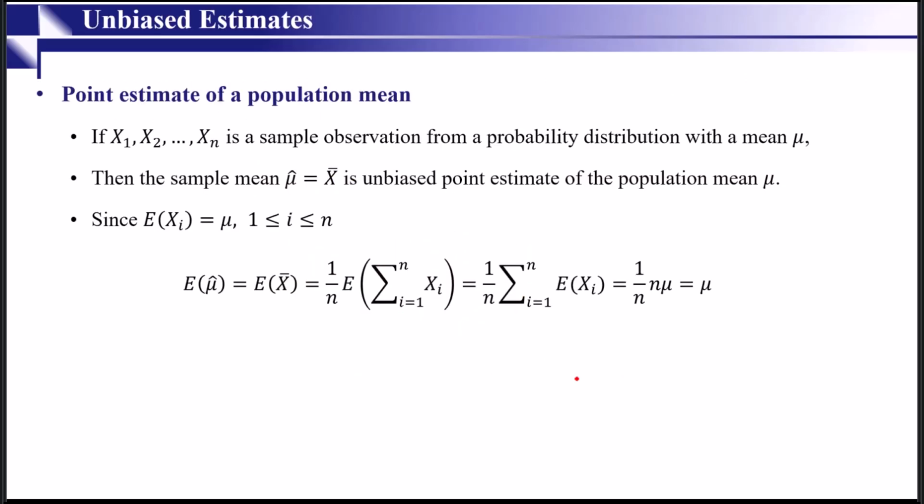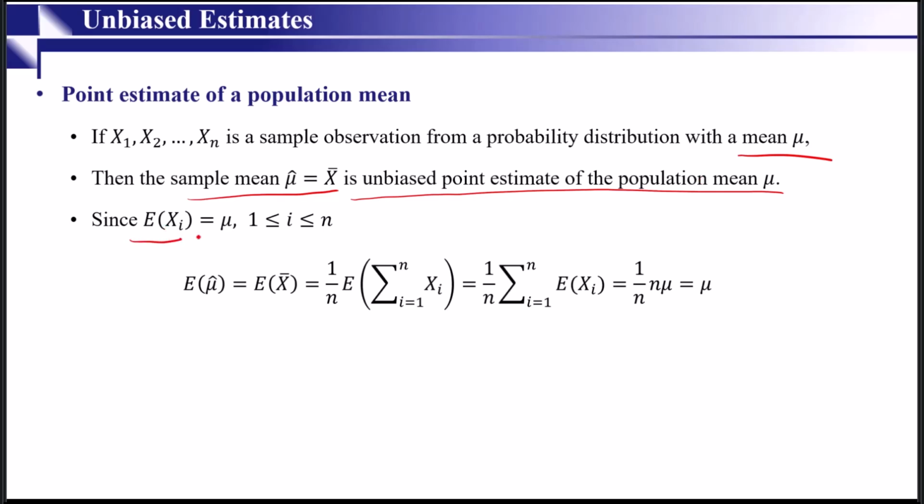When estimating the population mean, if we take a sample observation from a distribution with mean mu, then the sample mean, like mu hat, which is equal to x bar, is an unbiased point estimate of population mean mu. So for this one, we consider sample observation that has been sampled from a population, right? It means what we have estimated is exactly the same as the actual mean of the population.